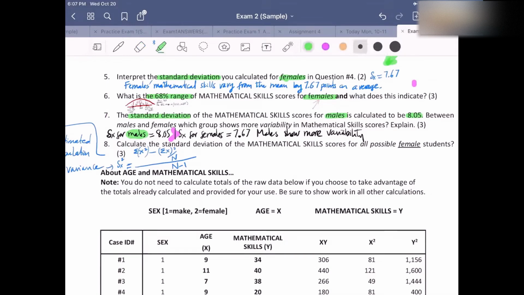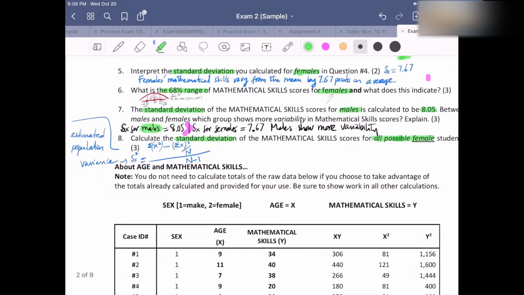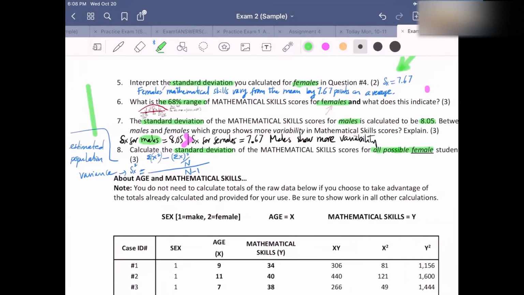In this case, you need to calculate the standard deviation of the mathematical skill scores for all possible females, okay? So in this case, they are asking you to find the estimated population variance or standard deviation, okay?